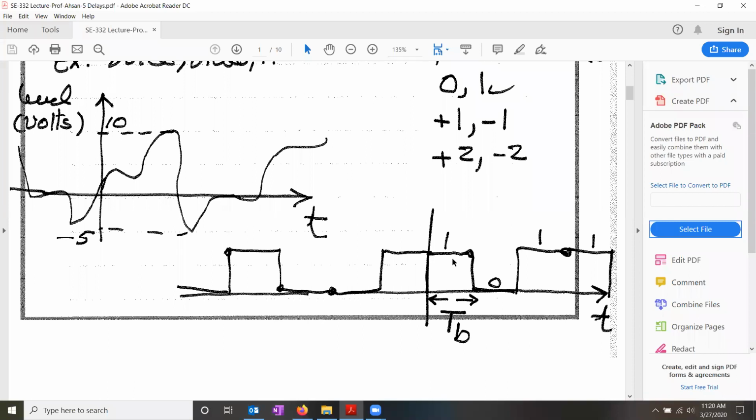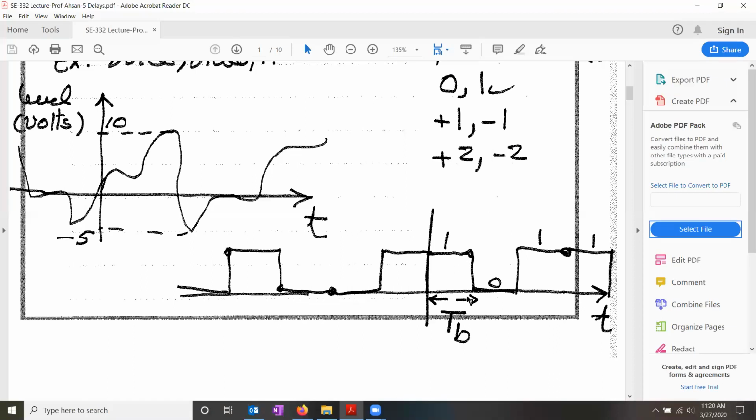This one is represented by this part of the signal. This bit is represented by 1 and this is its bit duration. That is, the one binary value is being represented by this signal element, and the duration of the signal element is this TB, the bit duration.